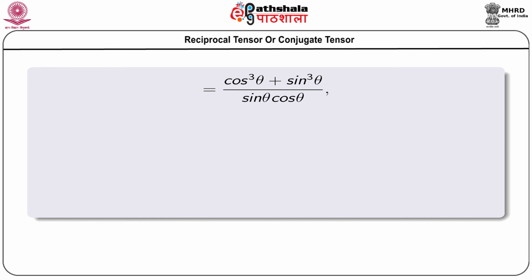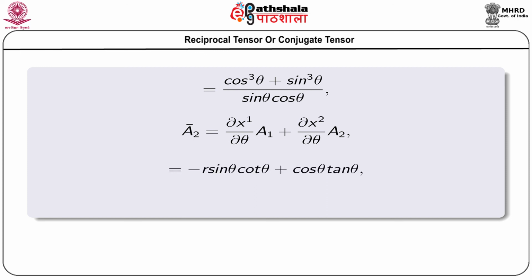And if I simplify, it comes to (cos cube theta plus sin cube theta) by (sin theta cos theta). Similarly, a-bar2 is (del x1/del theta) a1 plus (del x2/del theta) a2, and that comes to minus r sin theta cot theta plus r cos theta tan theta, which comes to r (sin theta minus cot theta). So, a-bar1 and a-bar2 are the components of the covariant vector in the polar coordinate system.